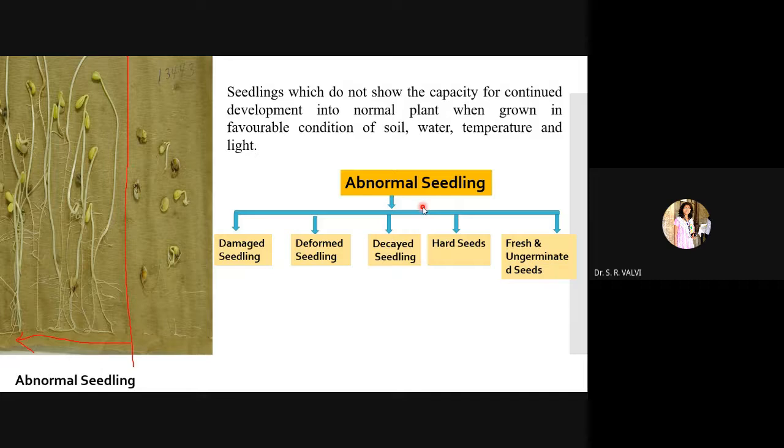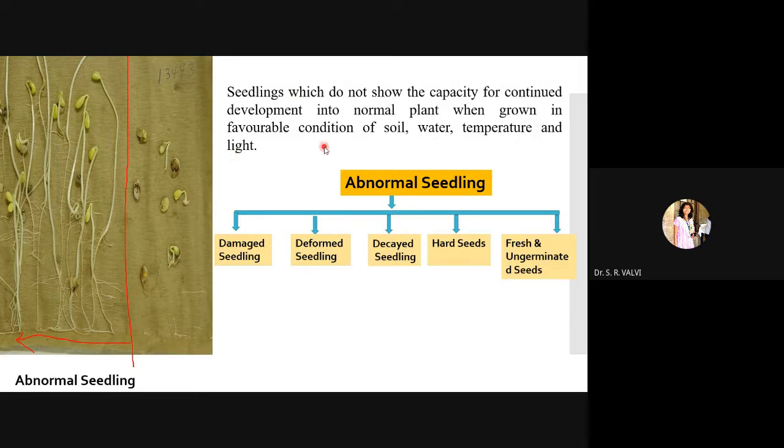Abnormal seedlings. Abnormal seedlings do not show their germination capacity, and they are not going to develop into a normal plant even if we give favorable conditions of soil, water, temperature and light, right?